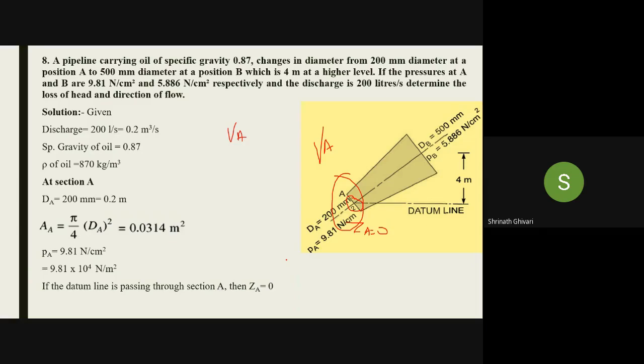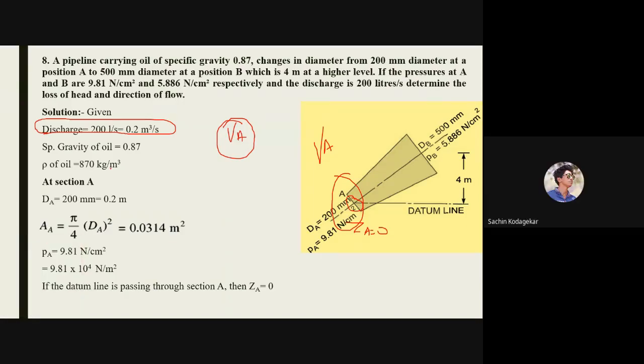Tell me fast. How can you calculate VA? Why this is given? What is discharge? How can you calculate velocity?